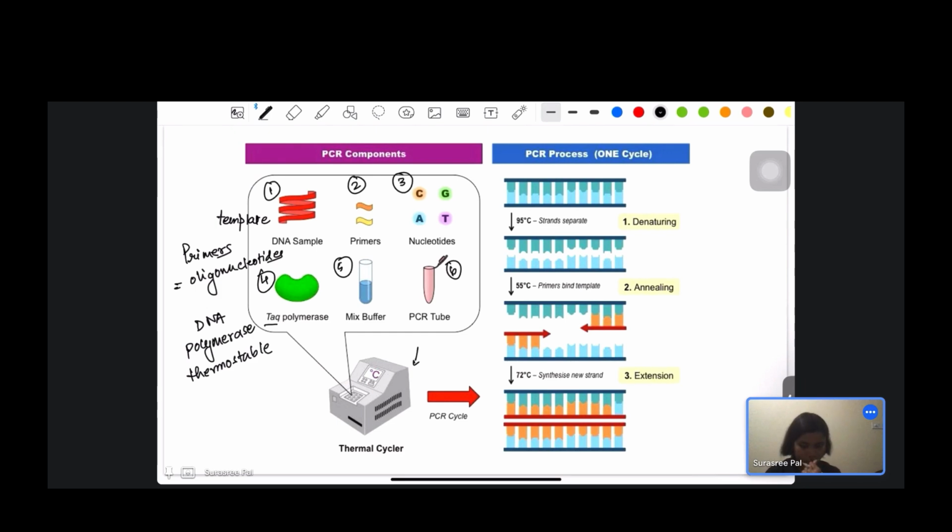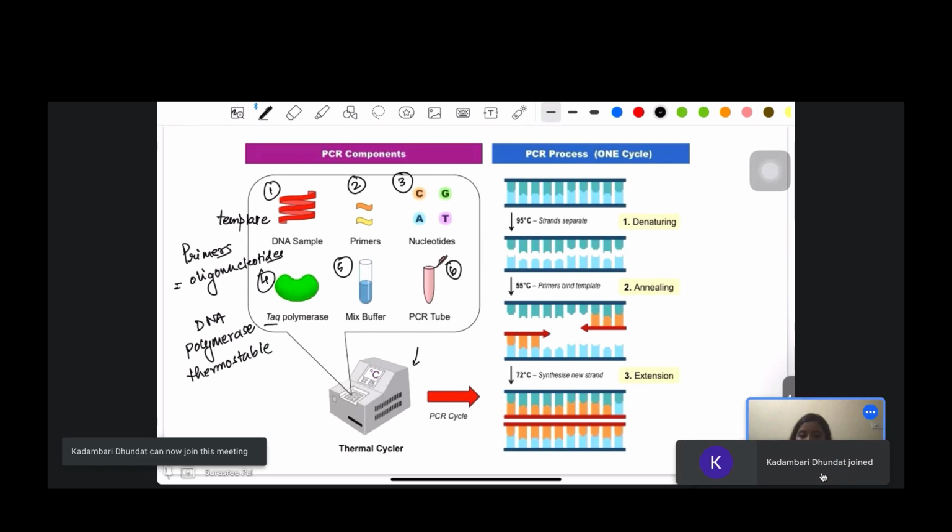It is a machine which regulates temperature. In this machine you can set, for example, at what temperature the denaturation of DNA will occur, then at what temperature the annealing of the DNA will occur. You can regulate this temperature in the thermal cycler, and it is called a cycler because it can cyclically regulate the temperature.